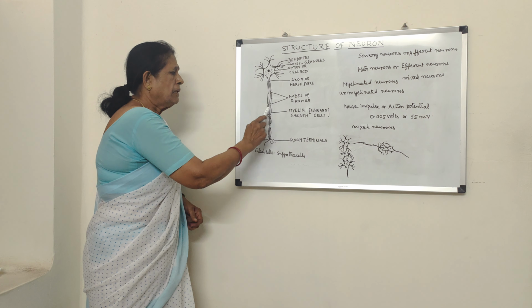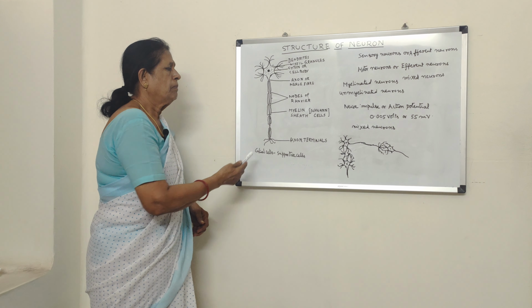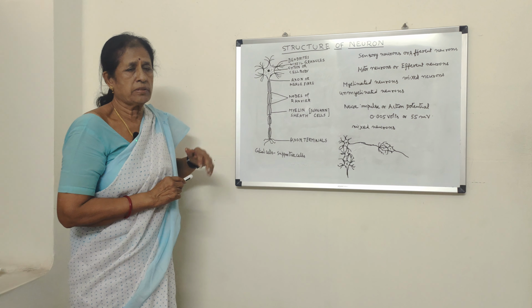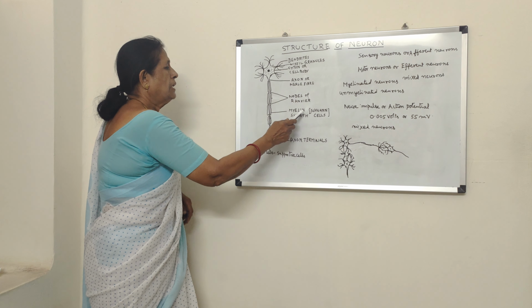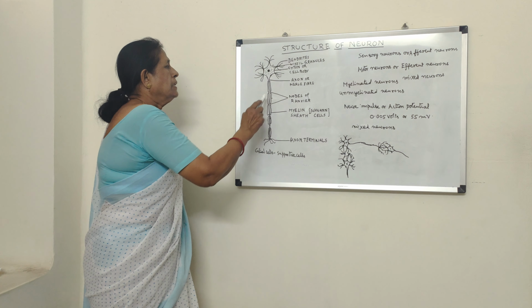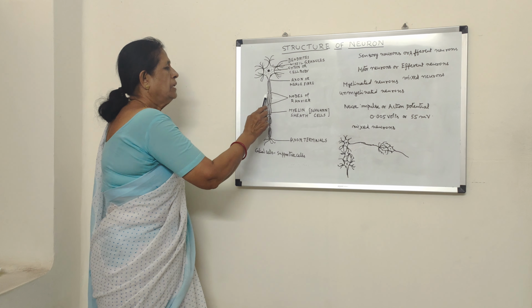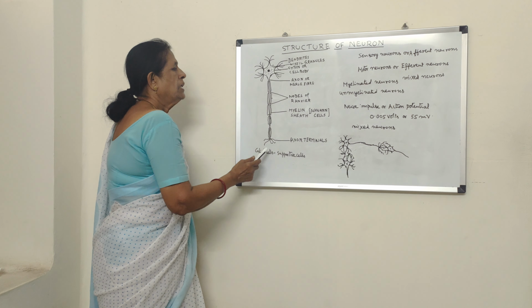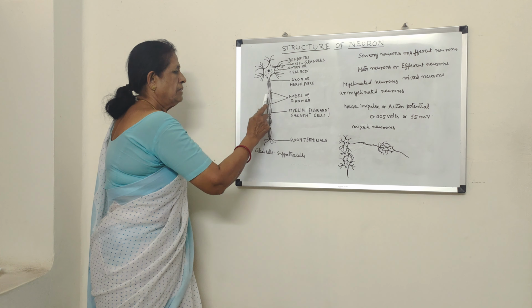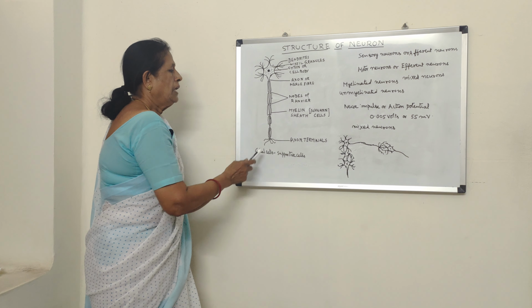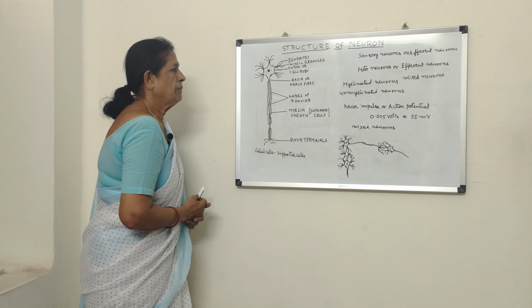This axon is covered with a myelin sheath. This myelin sheath is made up of Schwann cells, proteinaceous tissue, and the axon ends with nerve terminals.